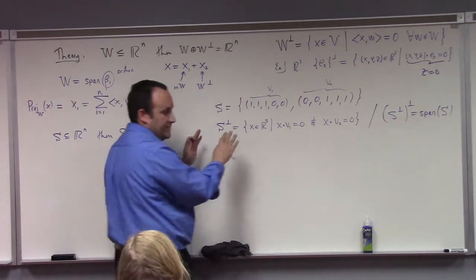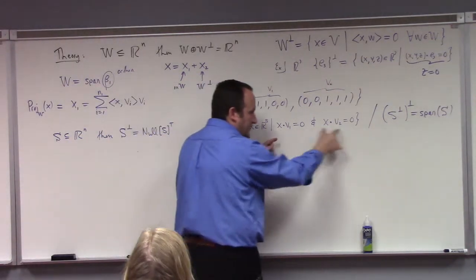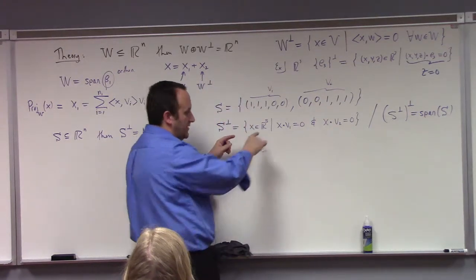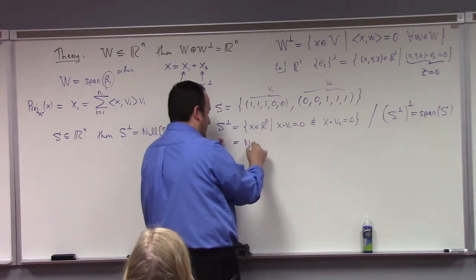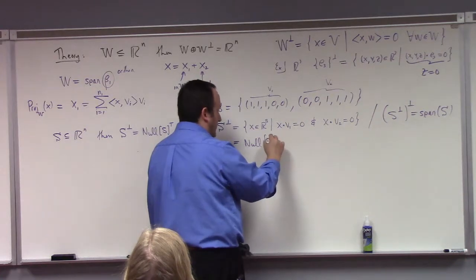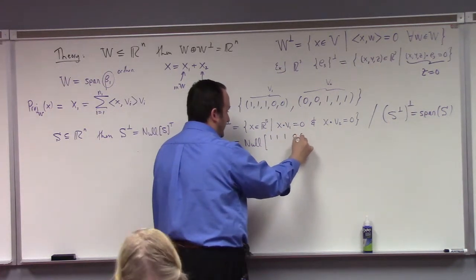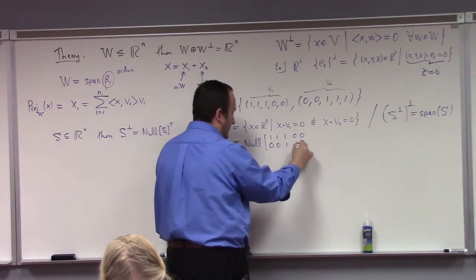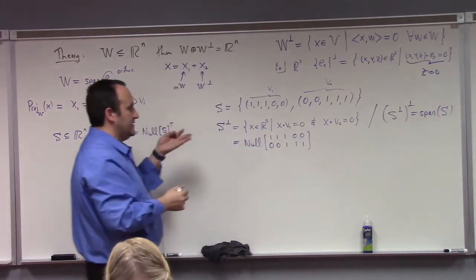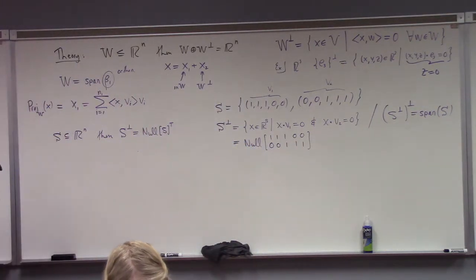What these equations mean is you're looking for the null space of the matrix with rows 1, 1, 1, 0, 0 and 0, 0, 1, 1, 1. I took the column vectors and transposed them to make rows, and we just need to find the null space for that. The null space will be the perp to S. So how do we calculate null space?